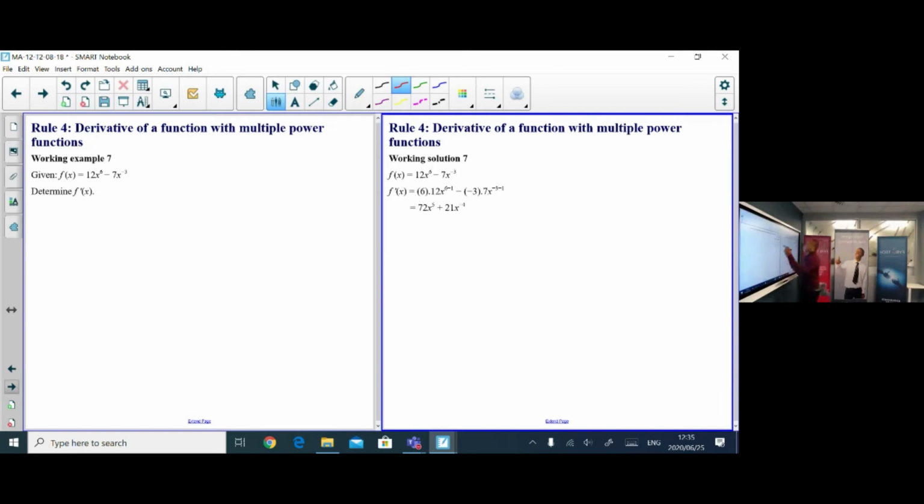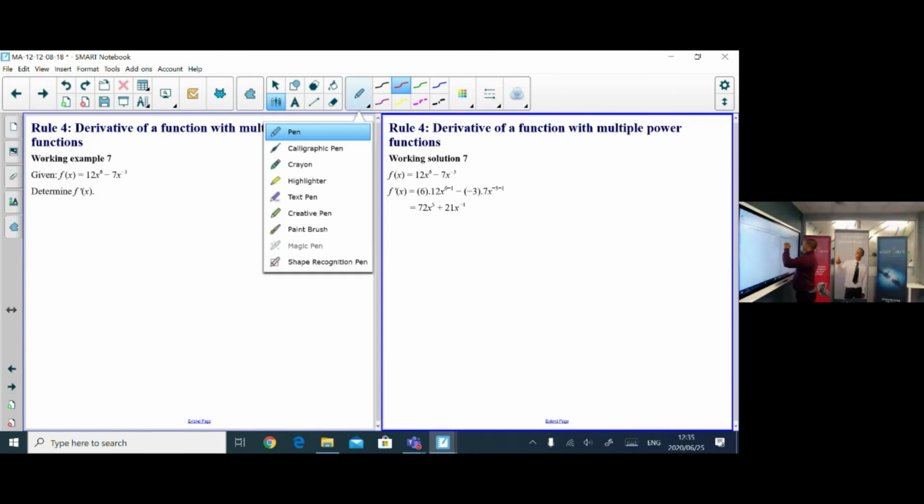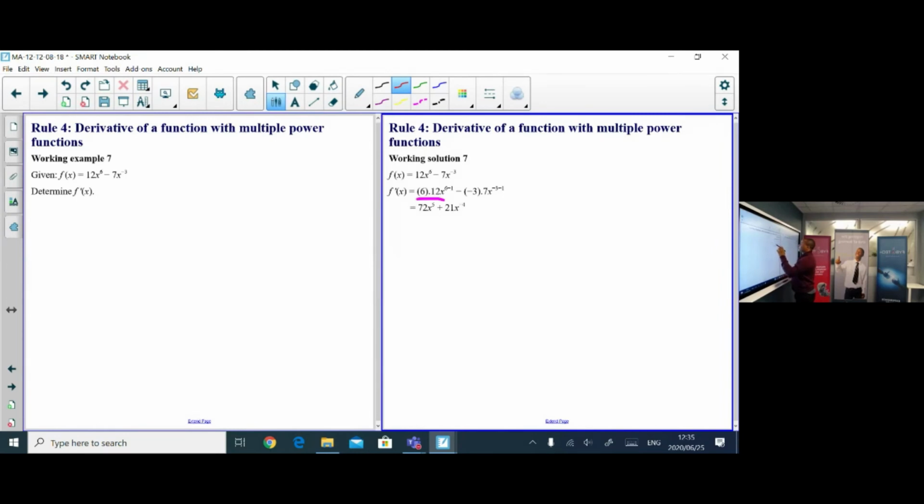We simply pull down the 6 to be an exponent, and then we also pull down the -3 from the exponent, and you see that on that exponent we are subtracting 1, and we simply find the simplification of that.